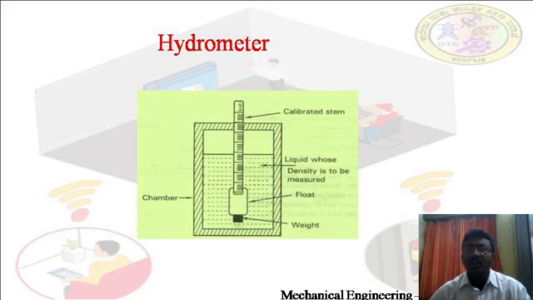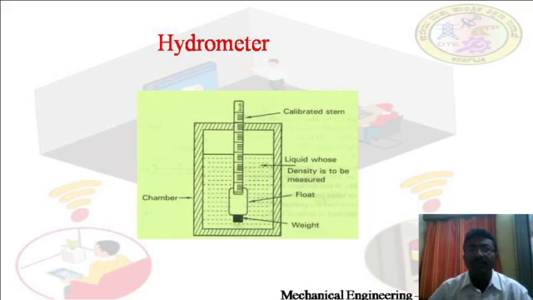Next, it has a narrow stem with graduations for measuring. In the figure you can see it written calibrated stem. It is nothing but a narrow stem which has graduations. Those graduations are calibrated directly to the relative density of the liquid.